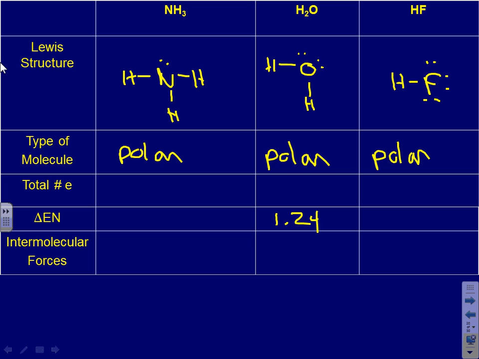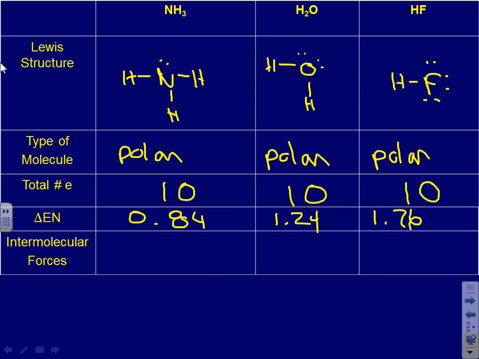Other delta ENs. Anybody do the math yet? For NH3, it's 0.84. The other one? Total number of electrons, 10 and 10. Nice. So we don't have to worry about London forces.